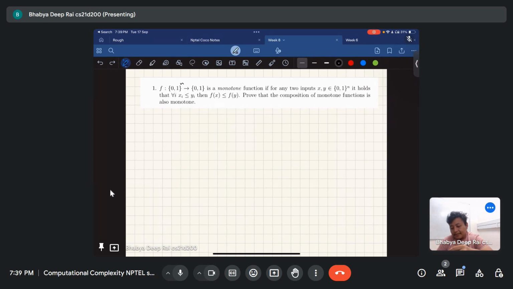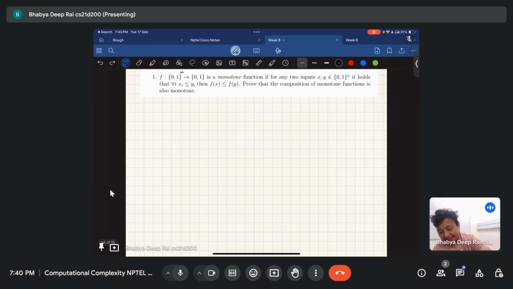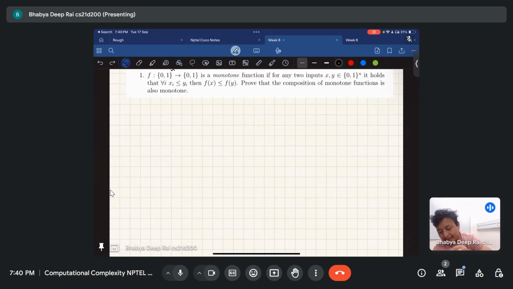Now what we are asked to prove is that the composition of monotone functions is also monotone. Okay, we don't have much time, so I'll leave this for you guys to try, but it's fairly simple. The idea is fairly simple: just take two functions f and g. They are monotone.